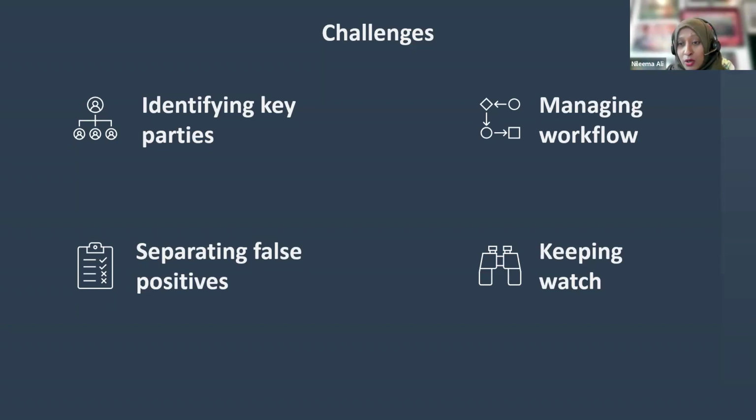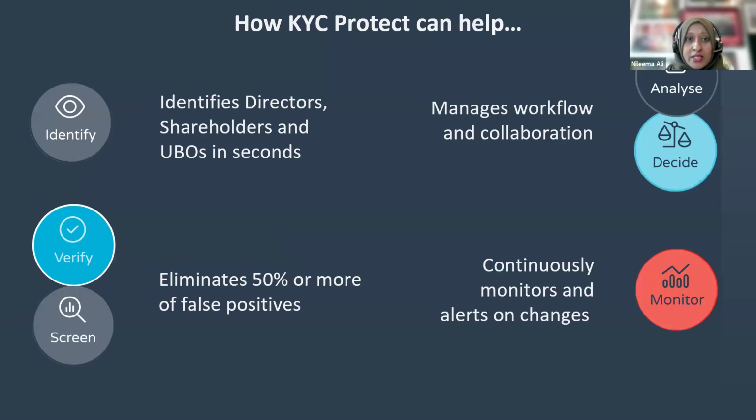Now, because a lot of these challenges for our customers became more and more urgent due to the current political climate, we have made significant improvements to our systems by introducing KYC Protect. Now, how can KYC Protect help with each of these challenges?